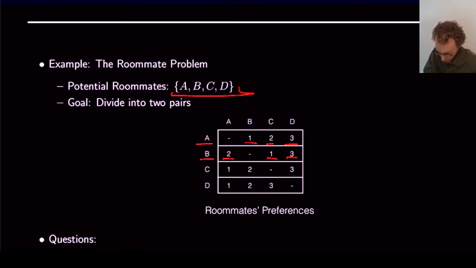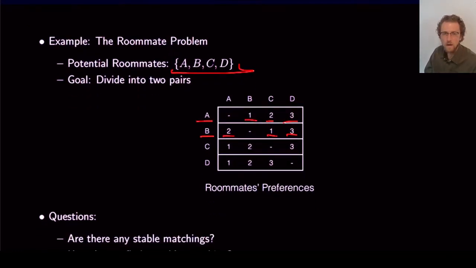And one of the questions we could ask is, is there any way of pairing everybody off that is stable? And what does stable mean? Well, we defined stable semi-formally last time, but stable means that if you go around to everybody and ask, is there someone else you'd rather be paired with, and that person gives you their list of people that they'd rather be paired with, and then you go ask those people, they wouldn't leave their current match for the unsatisfied person.